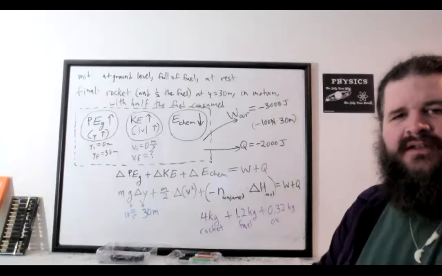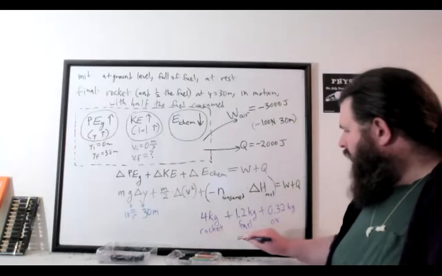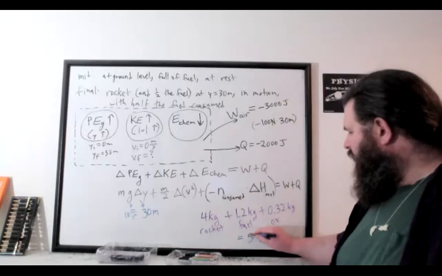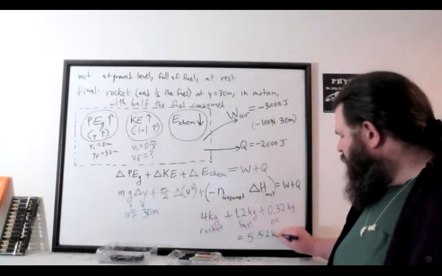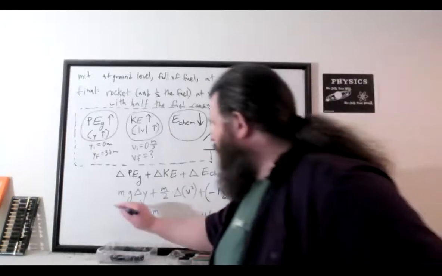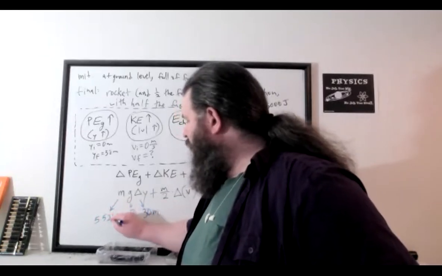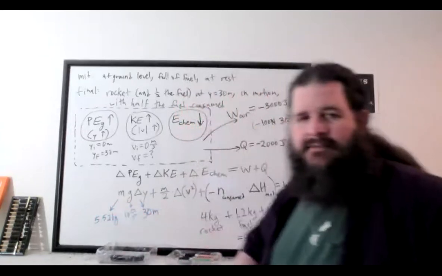So that's what's still in the rocket when it reaches 30 meters. Add those together, we get 5.52. So we should really be treating the mass as 5.52 kilograms here. The rocket plus all the cargo it's still carrying.